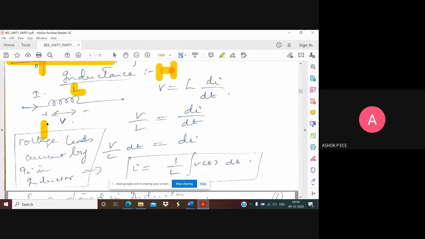This end will act like a north pole. This end will act like a south pole. If current is going to flow in this direction, it will reverse. This end will be the north pole. This end is going to be the south pole. And if you are going to apply AC current, for the positive half cycle this will be north pole and south pole. For the negative half cycle, this will be south pole and north pole.